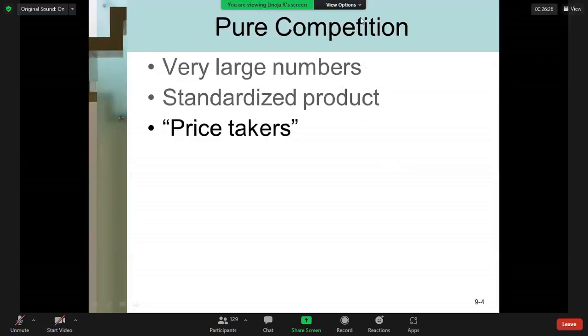For easy understanding, I can say the example for a pure competitive market is an agricultural market, right? But an agricultural market is not equal to pure competitive. In the world, no pure competitive market exists.